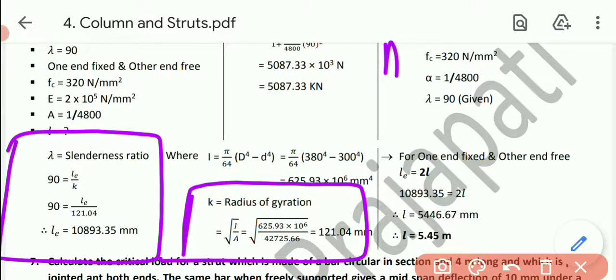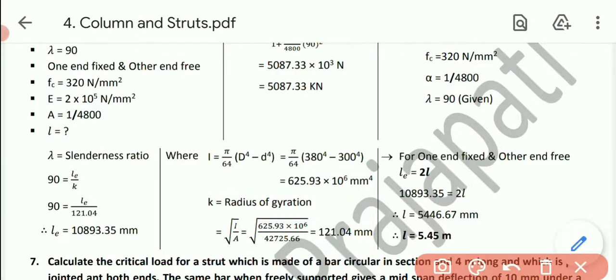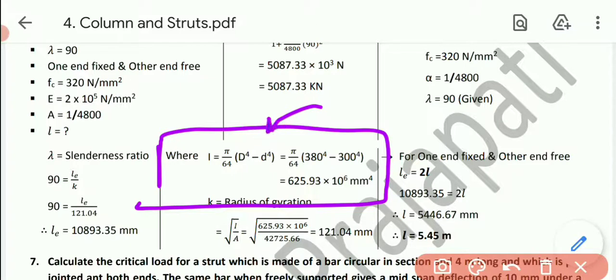We have already calculated area. Now I need the value of I. I stands for minimum of Ixx and Iyy. Now for the hollow circular section, the formulas for Ixx and Iyy are common. Okay, so let me first of all calculate I. For the hollow circular section, the formula is pi by 64 into capital D to the power 4 minus small d to the power 4. We have the value of capital D, 380, and small d, that is 300, to the power 4.